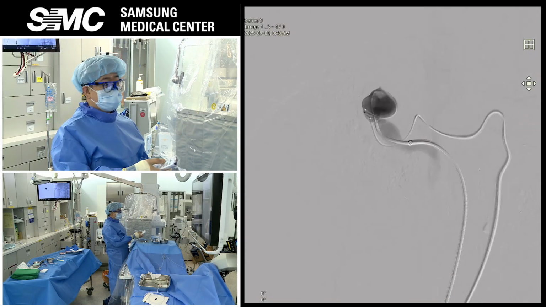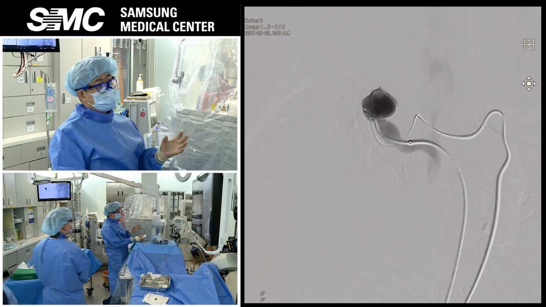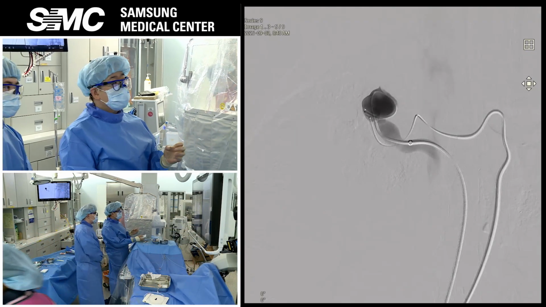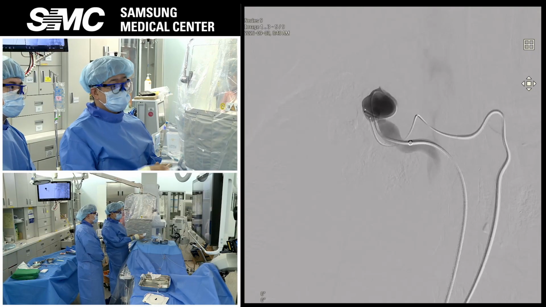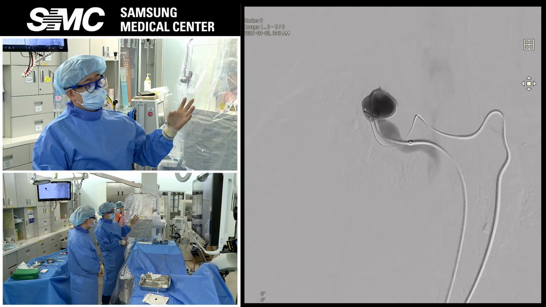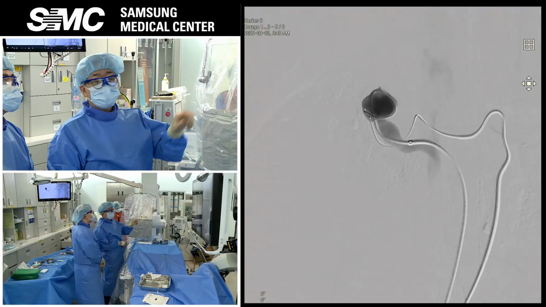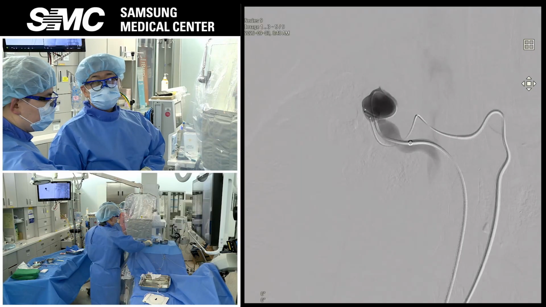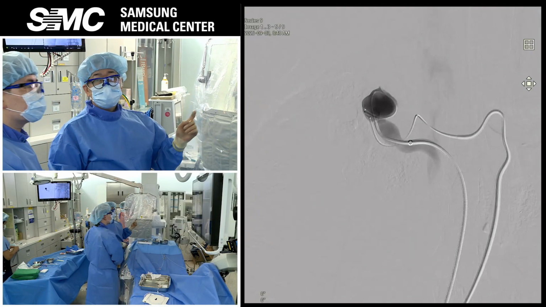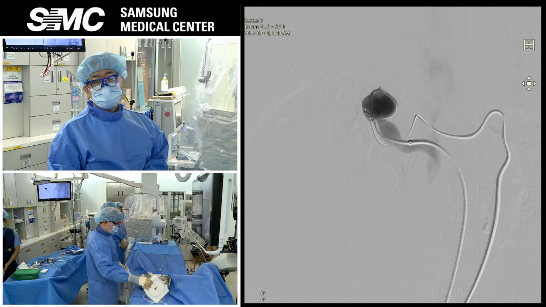As you can see on the transcatheter venogram, we found the exact location for the coil embolization. Compared to the arteriography, there are numerous feeding arteries joining into that venous sac. We call it the nidus of the type 2A AVM.